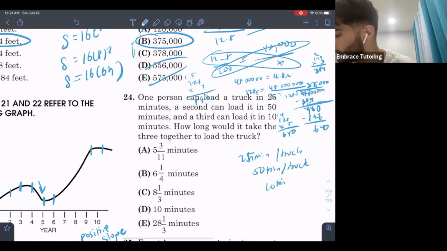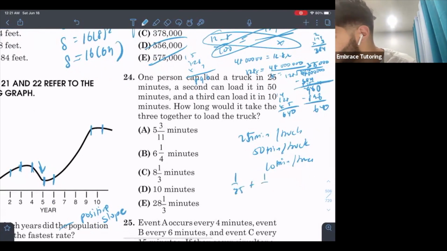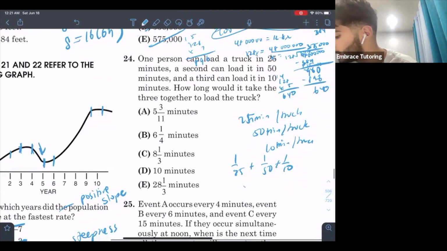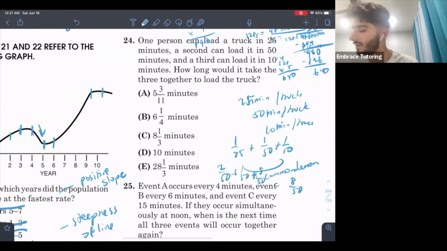Reverse the fraction to get 1 over 25, 1 over 50, plus 1 over 10. Combine the fractions with a common denominator: 2 over 50 plus 1 over 50 plus 5 over 50 gives 8 over 50.